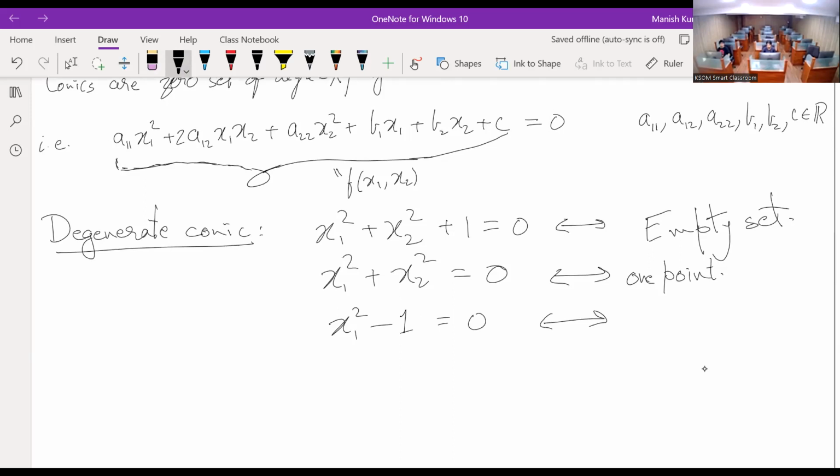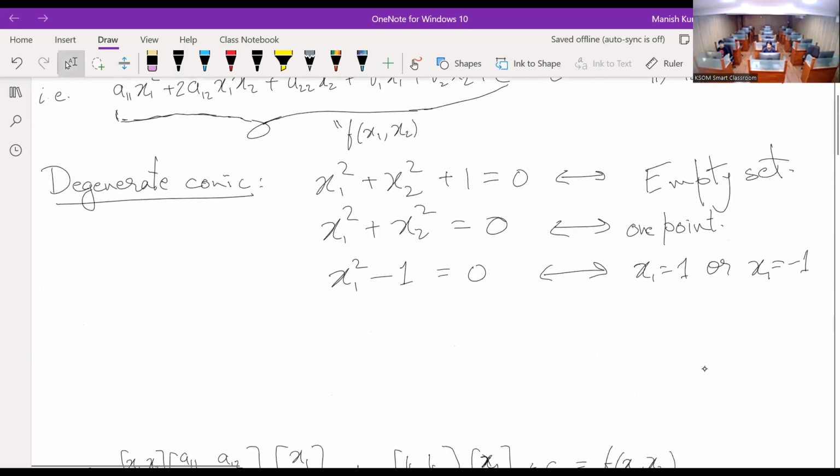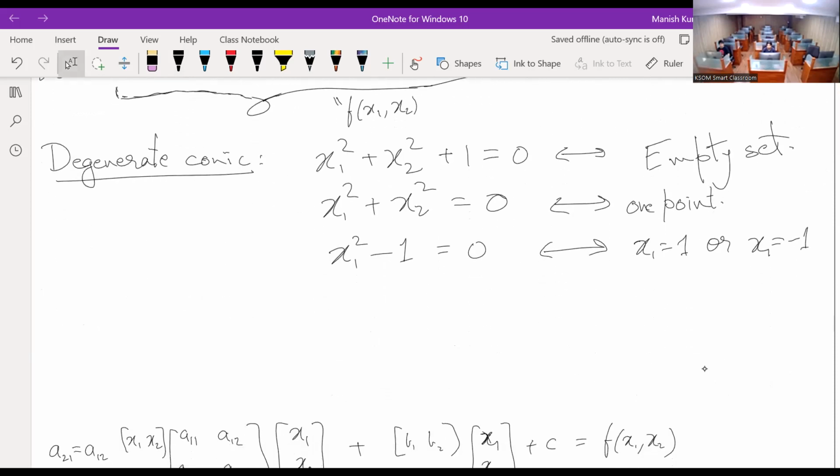It's 2 lines: x1 equals 1 or x1 equals -1. So you get 2 lines, and these are all degenerate conics, meaning this is not what you would normally expect. Normally you would expect things to be more like circle, hyperbola, parabola, but these are weird cases.